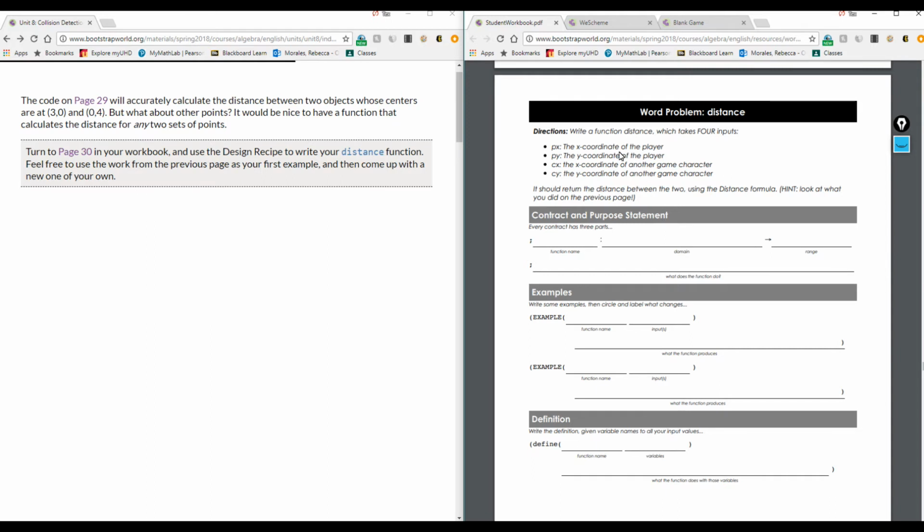In this case, the 4 variables they're taking in are the x and y coordinate of the player, and the x and y coordinate of another game character, which we'll talk about in a little bit. And so it wants you to return the distance between the two using the distance formula.